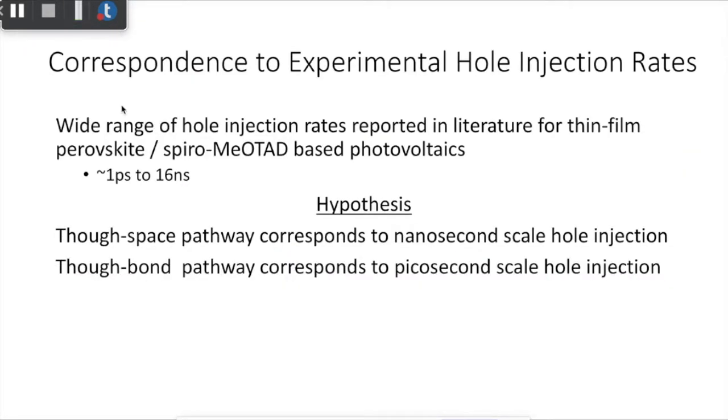So it seems like our computations cover the two limiting cases: very rough or poorly interacting systems taking long transition times up to nanoseconds, and well interacting systems which are very fast and happen on the scale of picoseconds. So our hypothesis from this work is that the through space pathway corresponds to nanosecond hole injection, and the through bond is to fast picosecond hole injection.